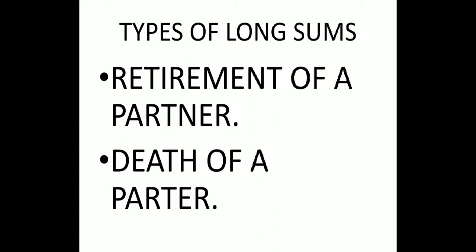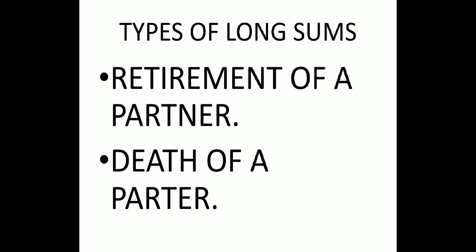In that you were supposed to find out the amount payable to Z's executor by preparing his capital. There were 3 partners. Yes? I hope you have your textbook with you. The illustration that we are talking about right now is on page number 254, and I think of course you remember this as you have studied the video lectures.